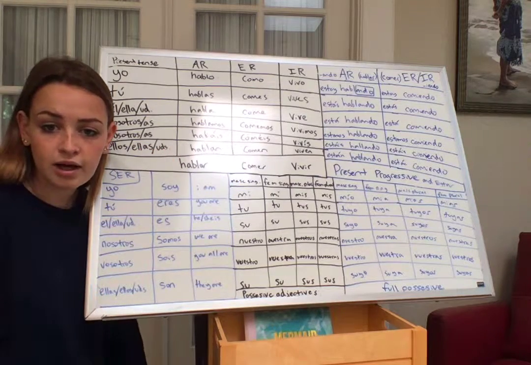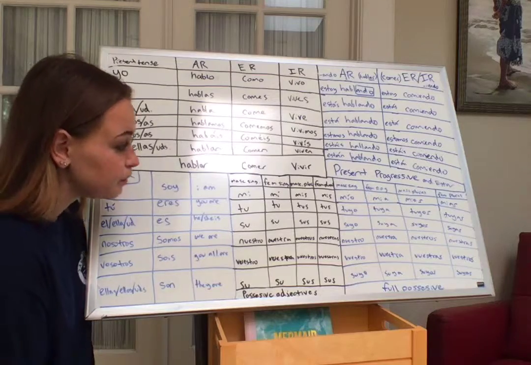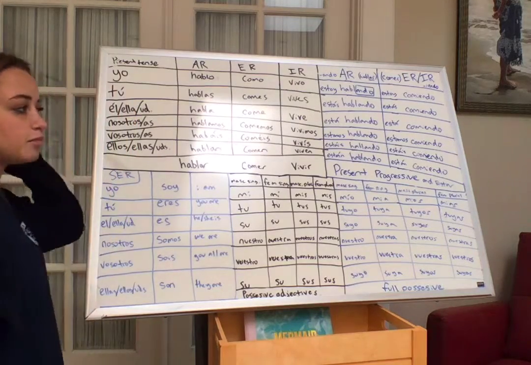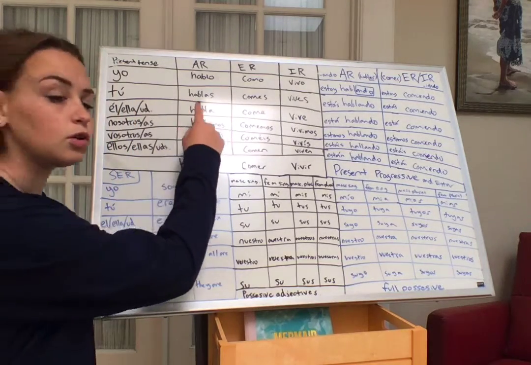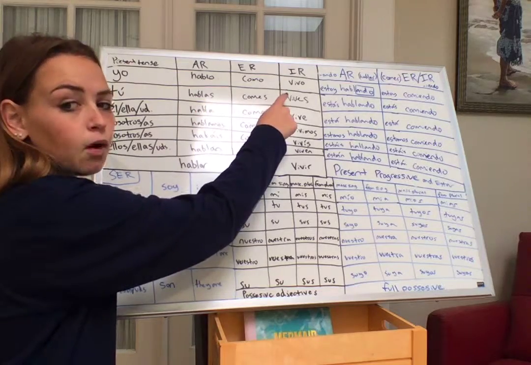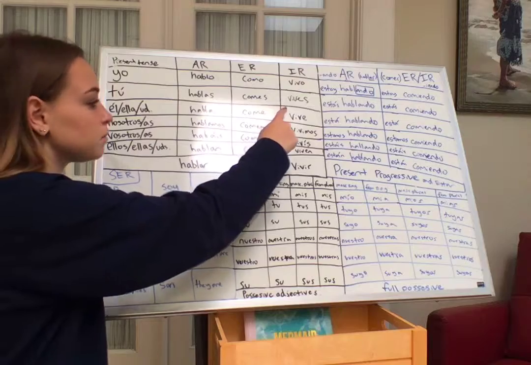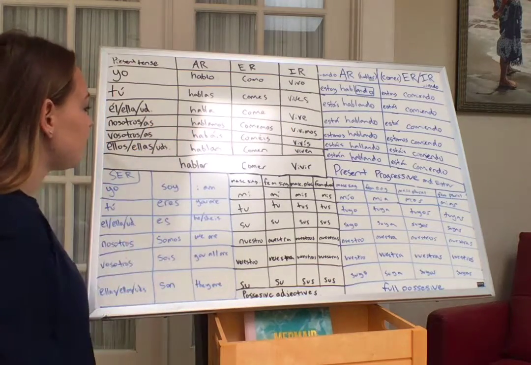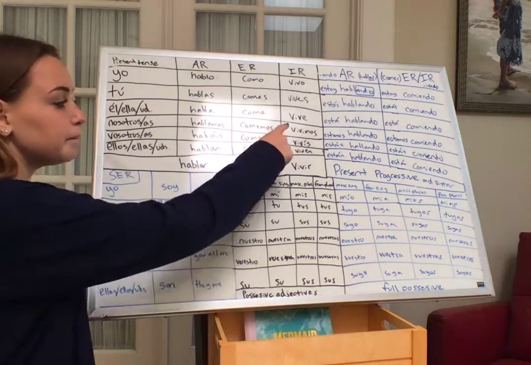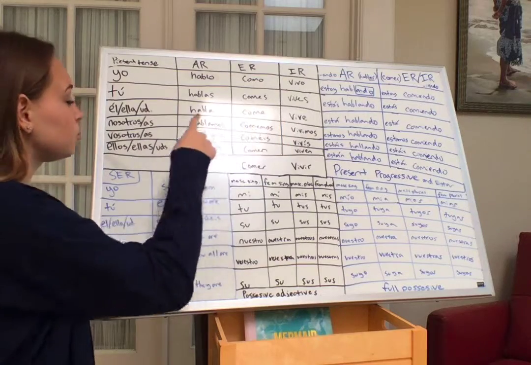Now we are going to conjugate vivir. Yo vivo. Tú vives. Él, ella, usted vive.